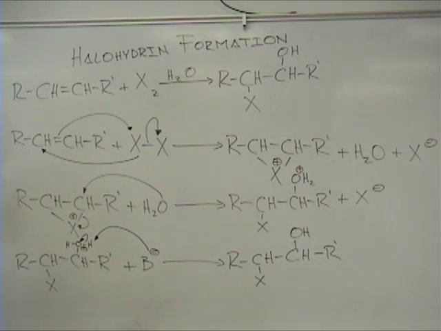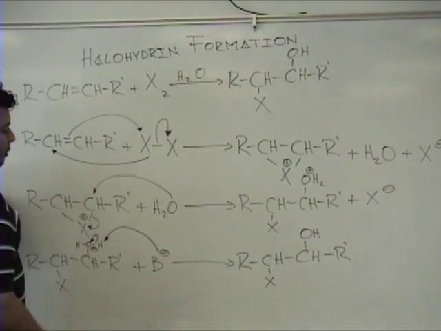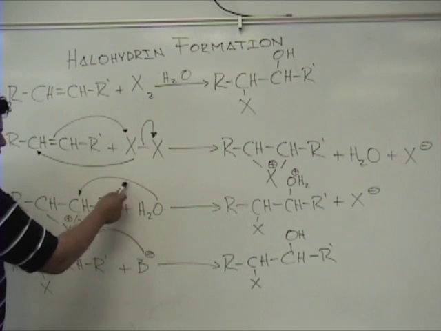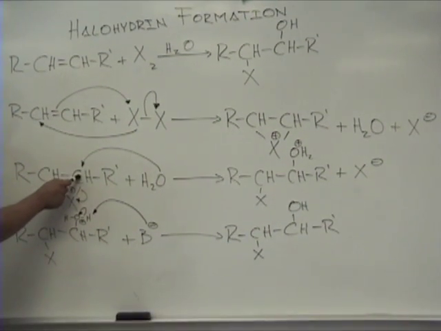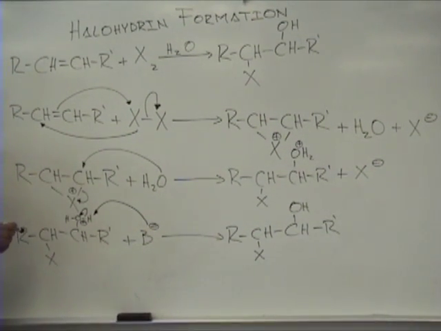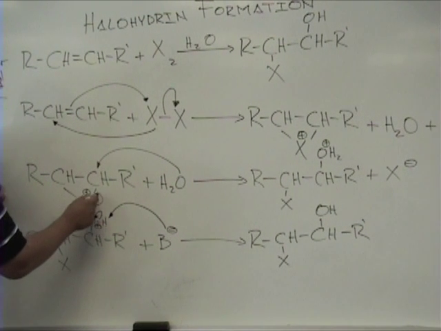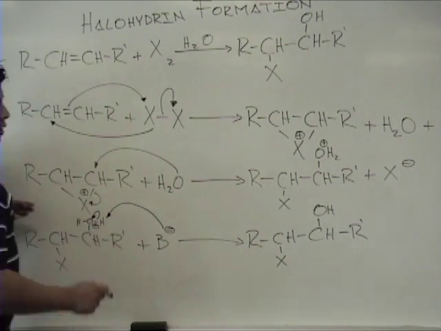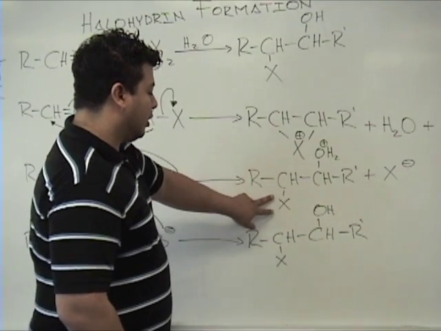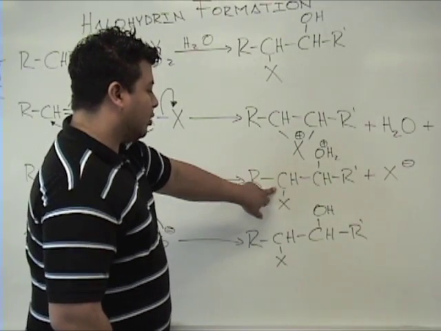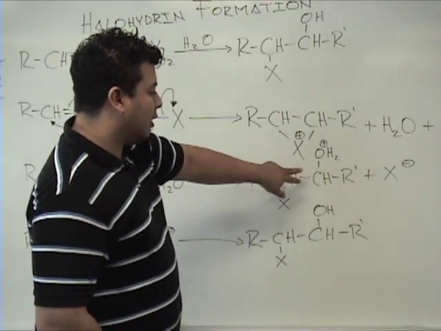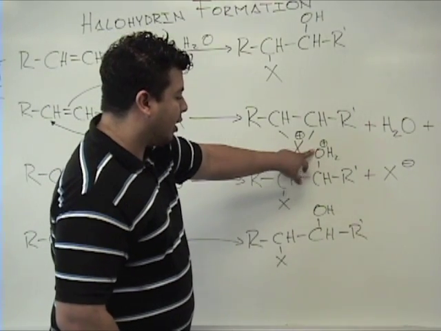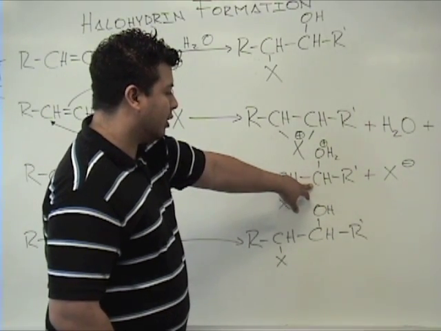The next step, since water is in the picture, water is going to attack one of the carbons, and then the X is going to take the electrons from that bond, and we're going to get this. We're going to get the X just attached to one, and then water attached to the carbon adjacent to it.